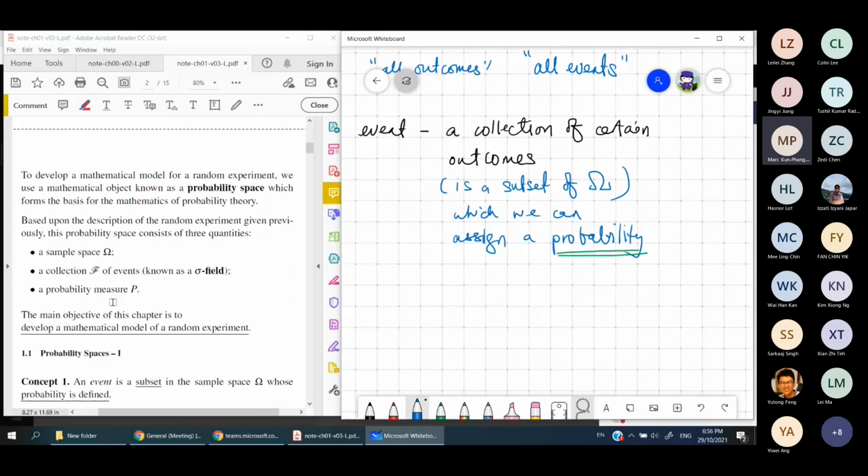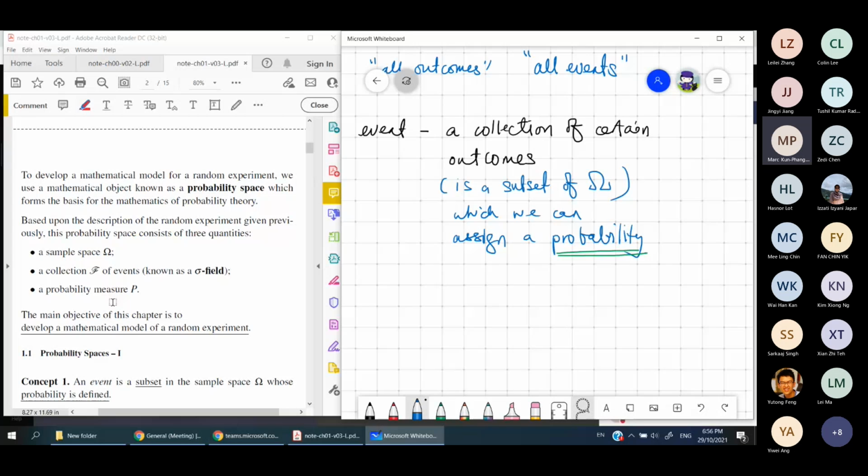Dr. Lu, a question. Why is the constraint of being able to be assigned probabilities placed on events and not on the sample space? Why don't we just exclude that at the sample space level, and only put the constraint at the event level?